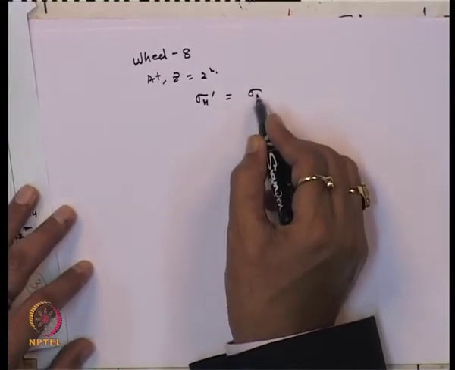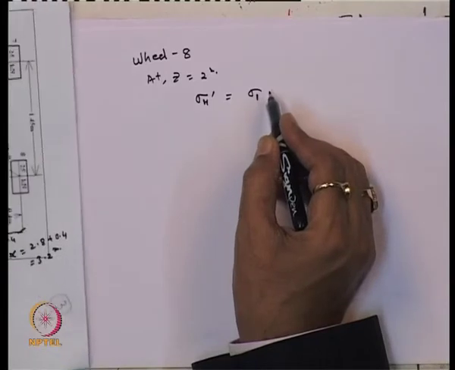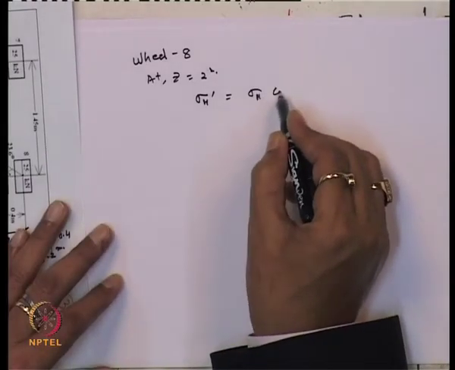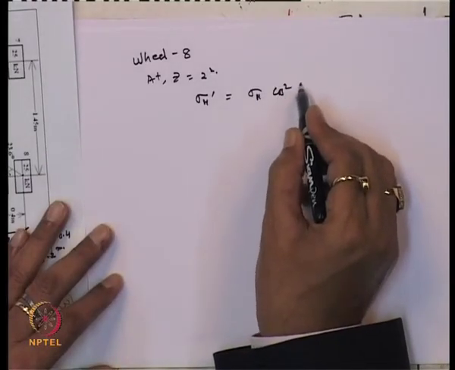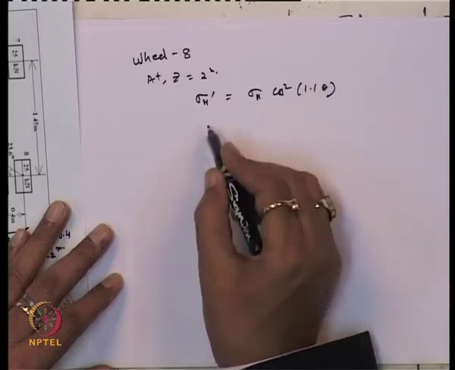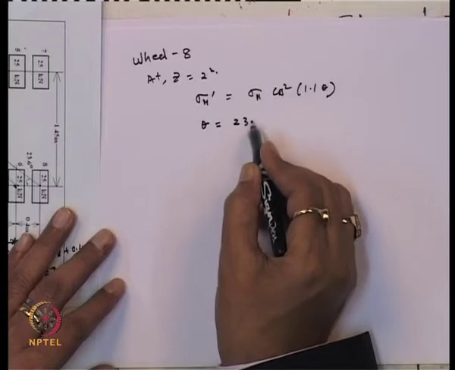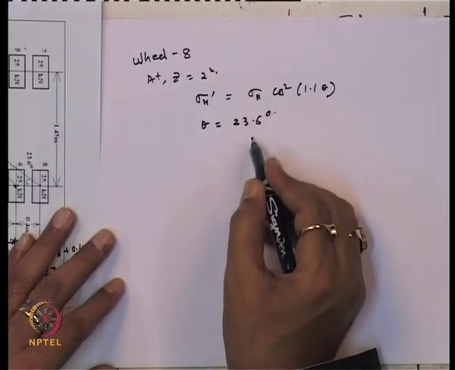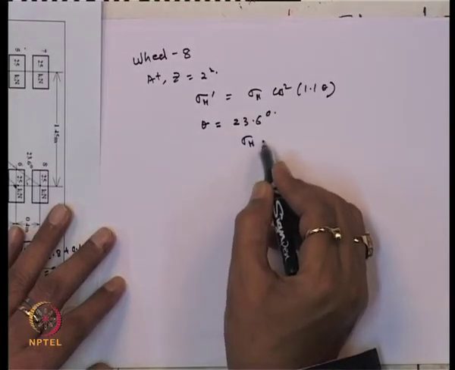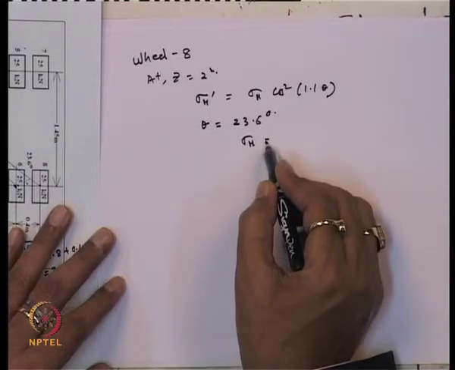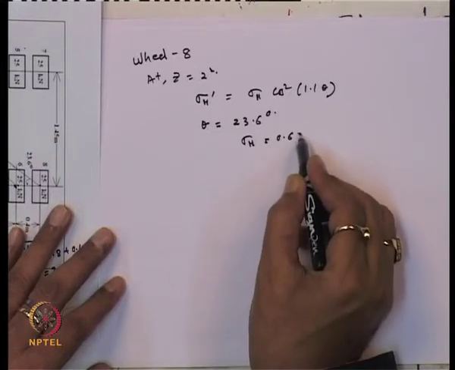This is equal to sigma h into cos square 1.1 theta, and theta is given as 23.6 degree, and sigma h at a depth of 2 meter is 0.62.